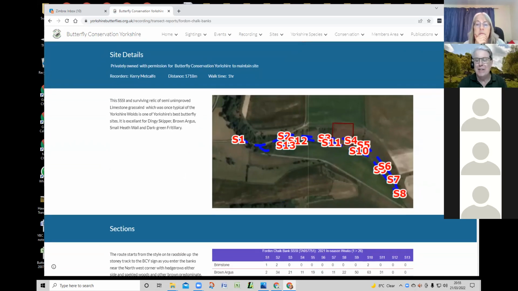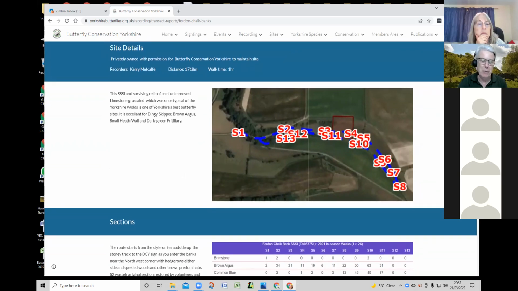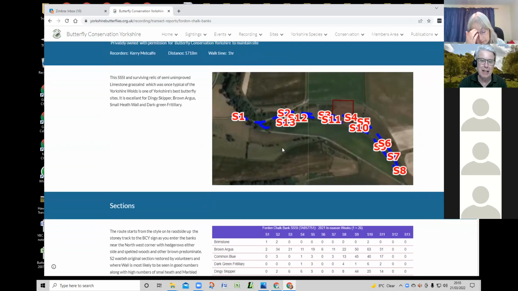Okay, if you've not been there, it is a cracking site. It's where the conservation team work most winters. We normally spend half our winter at Fordon doing scrub clearance, etc., creating habitat. We first took it on about 7 or 8 years ago, working from the west side towards the east, and it's taken 5 years.